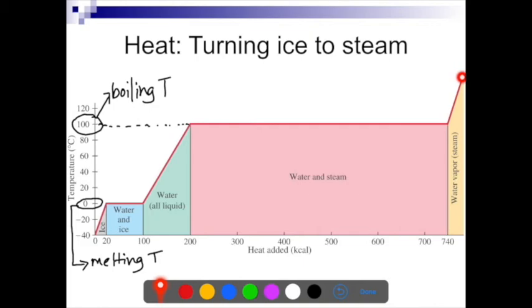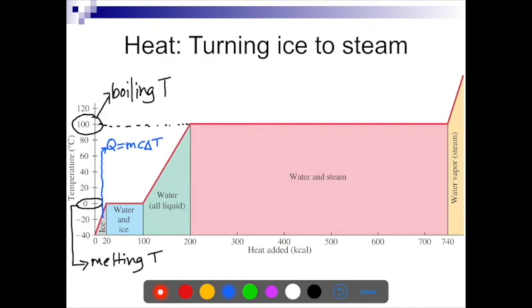Right. So in terms of equations, we can see here that when you only have a single phase, for example, ice, the heat that's added to the system, to ice, will go into changing the temperature of ice.